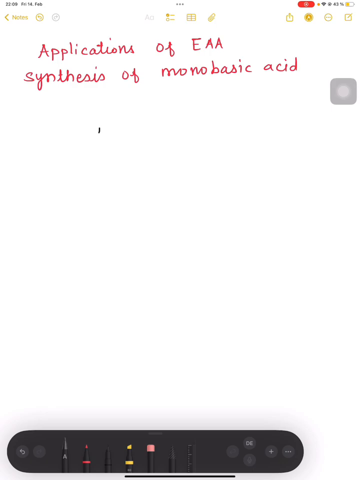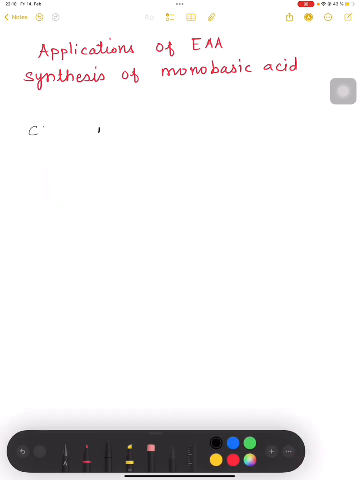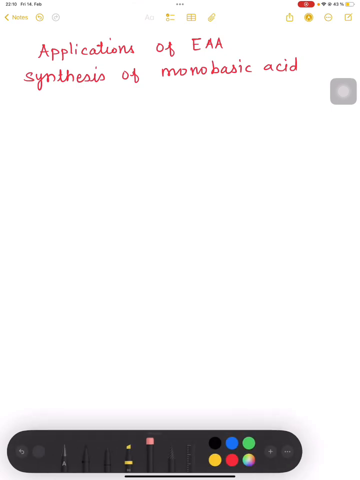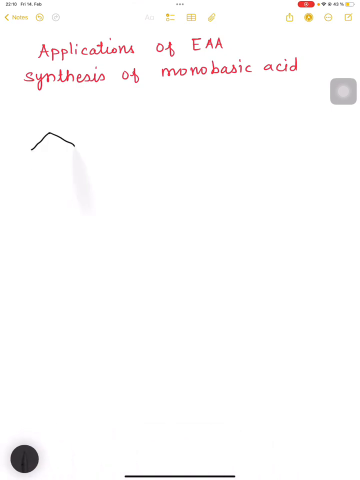So here is ethyl acetoacetate, C double bond O, C double bond O, OC2H5.